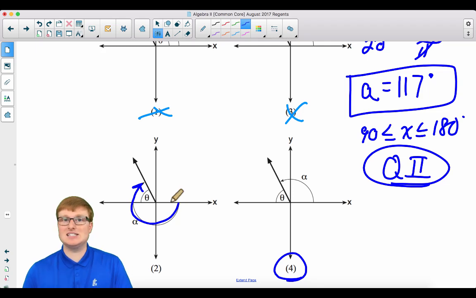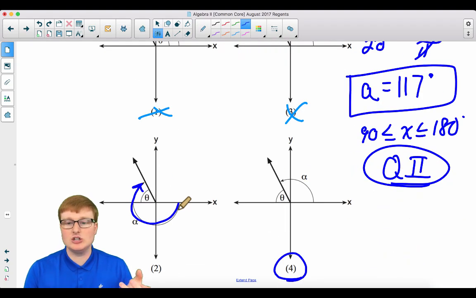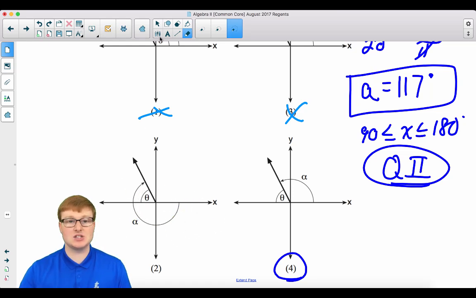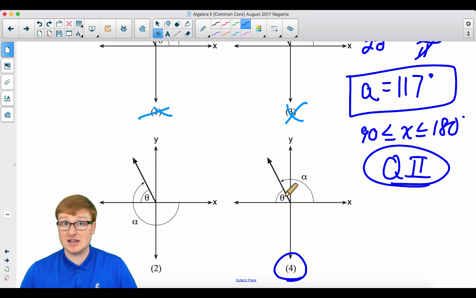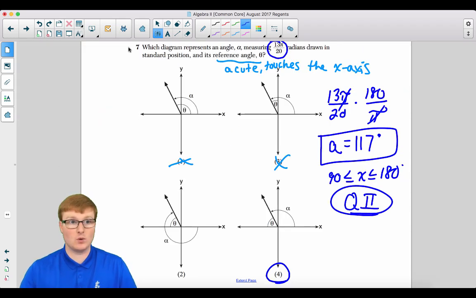This, on the other hand, is the negative of, now it's not negative 13 pi over 20, you just simply take 360 minus the 117, get that answer, negate it and convert it into radians, and that's what gives you this answer. But they're not asking you for that. They're specifically asking you for angle alpha that's positive 117 degrees and the reference angle that's touching the x-axis. So for this question, your answer is going to be choice 4.